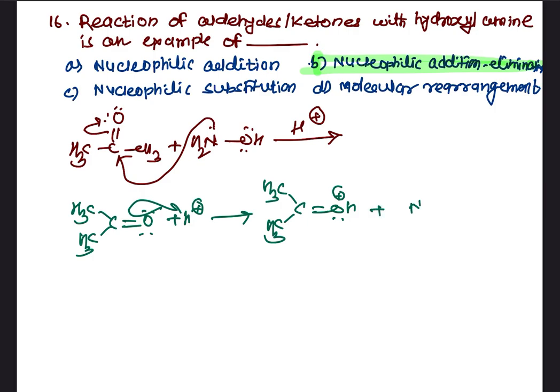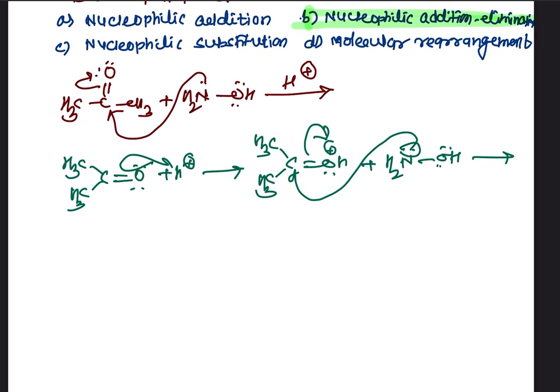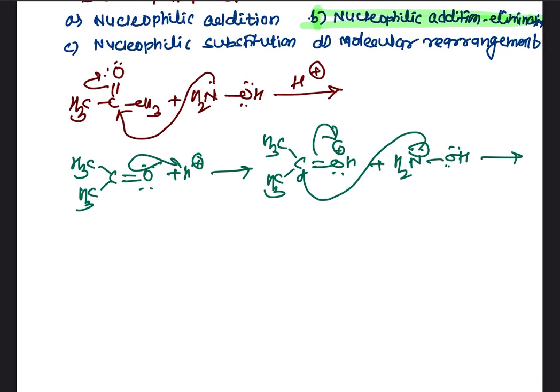Now attack of nucleophile and addition of nucleophile here. So what is the intermediate structure? The intermediate structure will have OH. Here nitrogen is the electron donor, so it will acquire a positive charge.